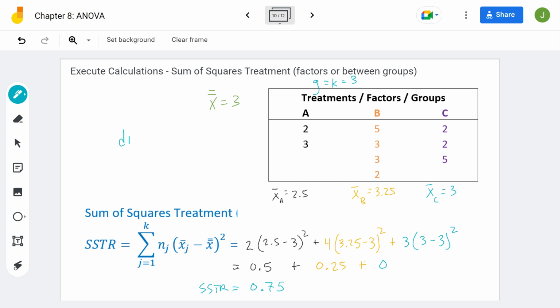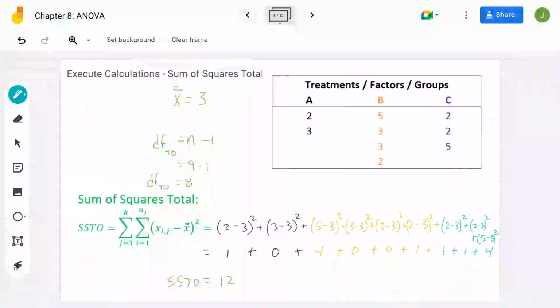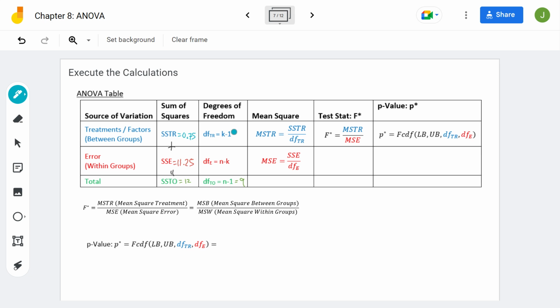And when we talk about the degrees of freedom for the treatments, this is simply K minus 1. So in this case, we have 3 treatments. So this is going to be 3 minus 1. Our degrees of freedom for our treatments are equal to 2. So now if I go back to that ANOVA table, we've got some more information populated. We now know that these degrees of freedom are 2. And there's also another relationship here that we can see.